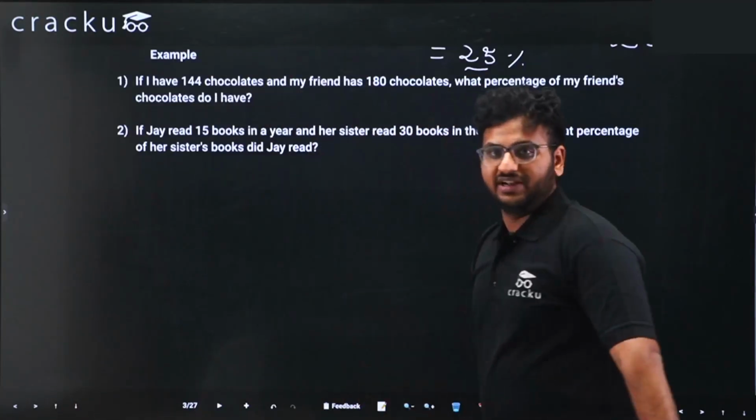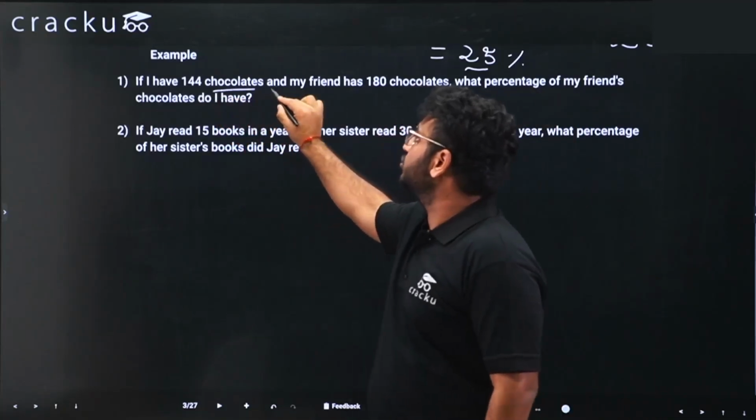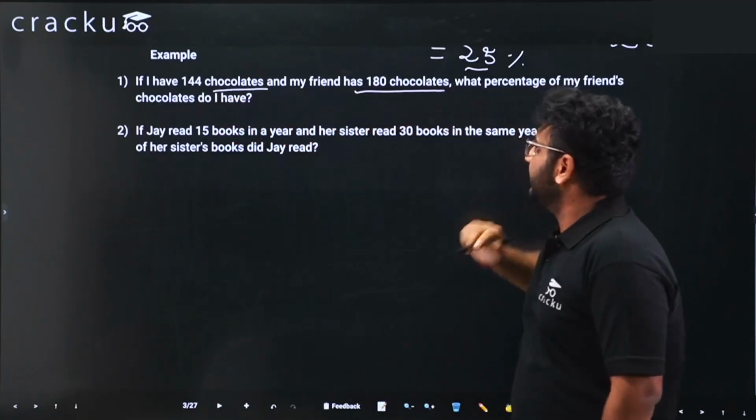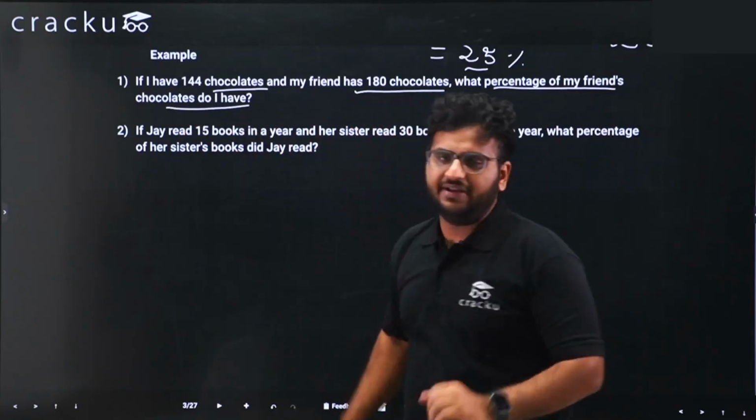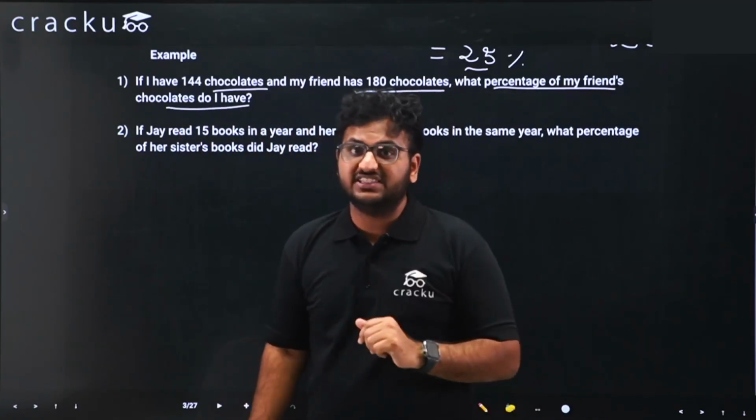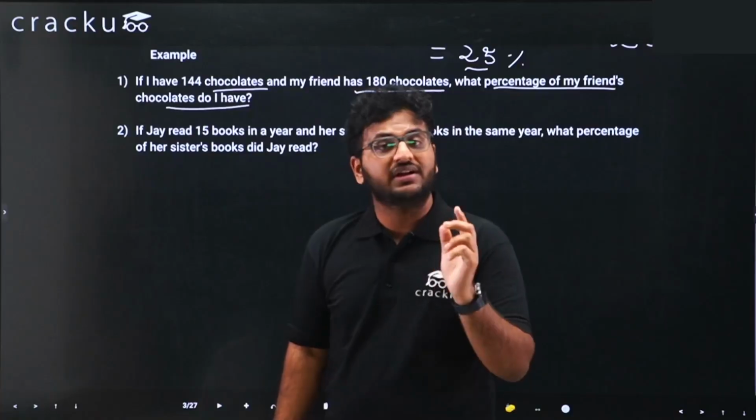Example 1. If I have 144 chocolates and my friend has 180 chocolates, what percentage of my friend's chocolates do I have? We know that percentage is part divided by whole into 100.